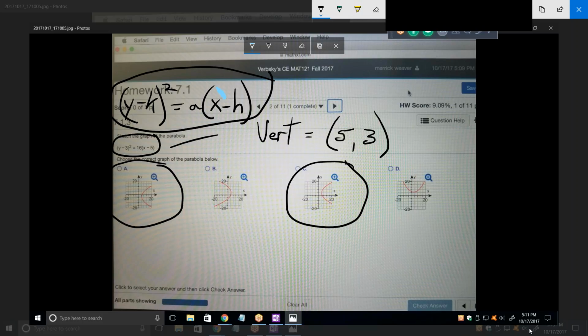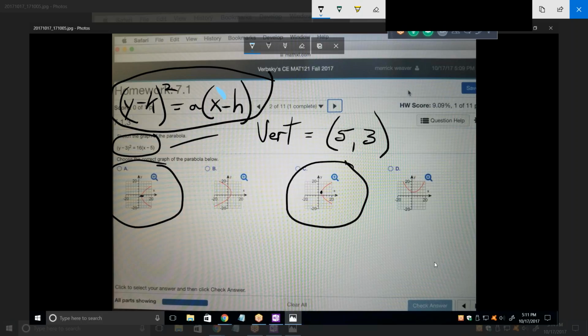Now that we know the vertex, which is it, A or C? What's the y-coordinate in the A graph? Is it positive or negative? The y-coordinate is negative, below the x-axis. But if I look over here, the y-coordinate is above the x-axis.